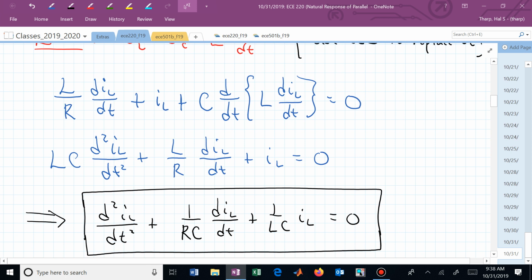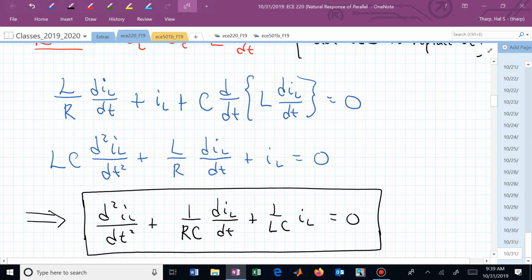A more standard form might be that we now multiply everything by 1 over LC and make the leading coefficient of our highest derivative 1. When you get into subsequent classes, they may say, oh, we have a monic polynomial. Monic just means they've normalized their polynomial to have the leading coefficient, the coefficient of the highest power of the variable, let's say it's s squared, normalized to 1.